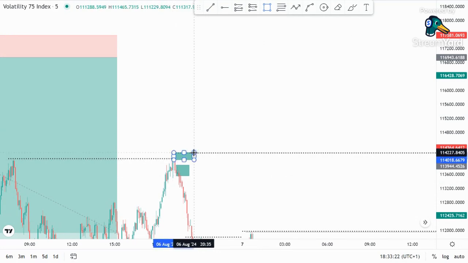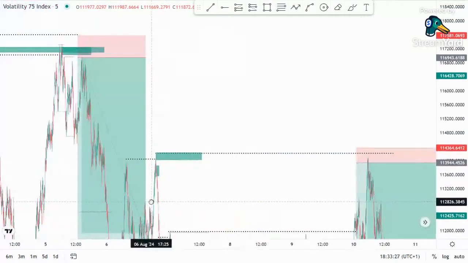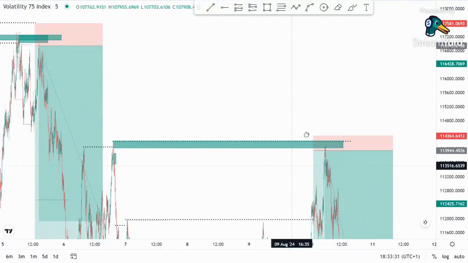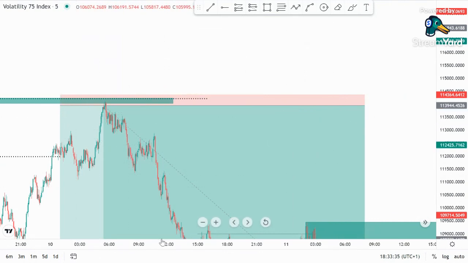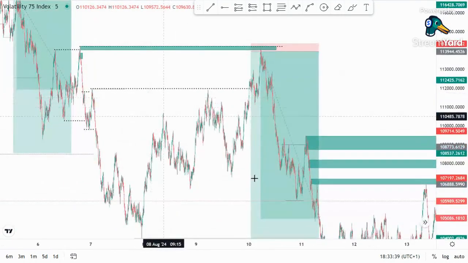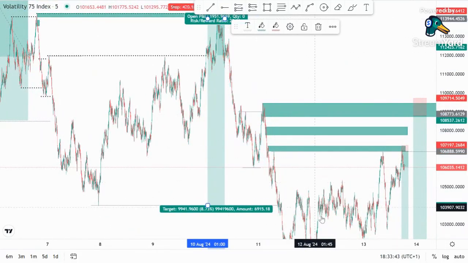And if you look, the upper one was the one that had not been used. So that was all we used, and we sold from there. After getting our confirmation, we sold from there, and you can see it hit TP very well.